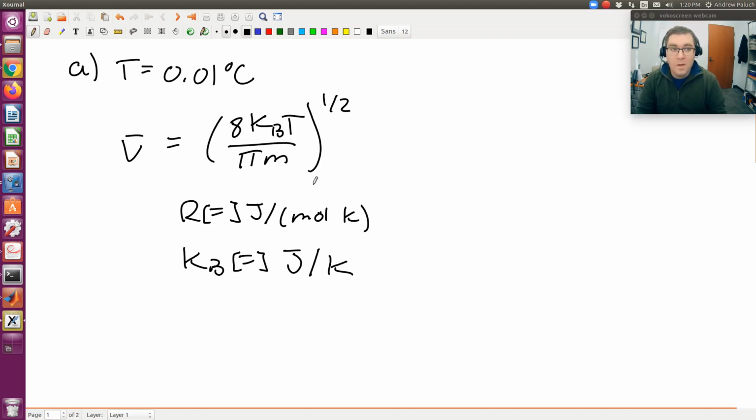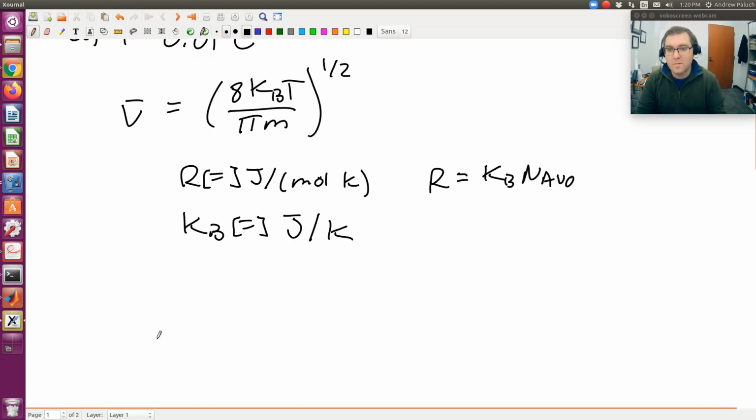So R is equivalent to k_B times N_Avogadro, where N_Avogadro has units of inverse mole, molecules per mole. R and k_B are related, and the constant of proportionality between the two of them is just Avogadro's number.